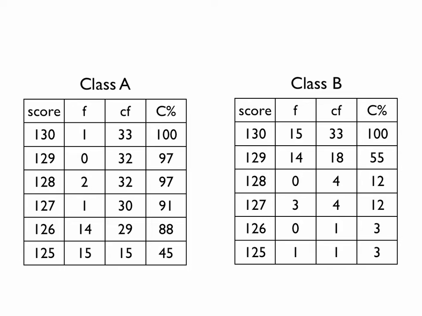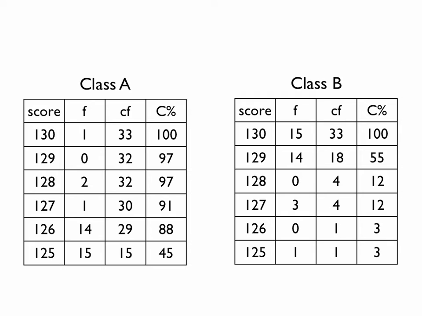So let's say a student receives a score of 127 on an exam. Is that a good score or is that a bad score? Well, it depends on where that score falls within the distribution of scores. So here we have a distribution of scores for Class A and Class B. I can tell you each class has 33 students in it.